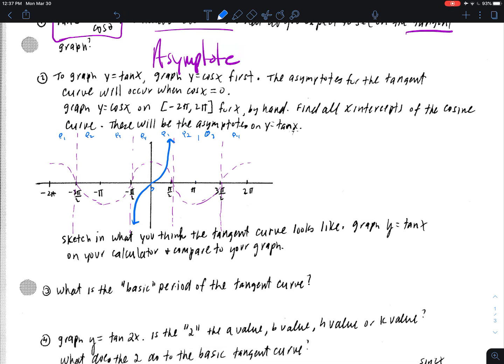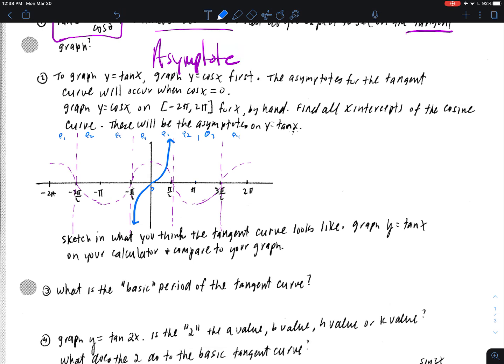Now what's interesting is that as you then fall into quadrant 2 for tangent, tangent of 120, 135, 150, it's getting bigger, but it's coming up from really large negative values.